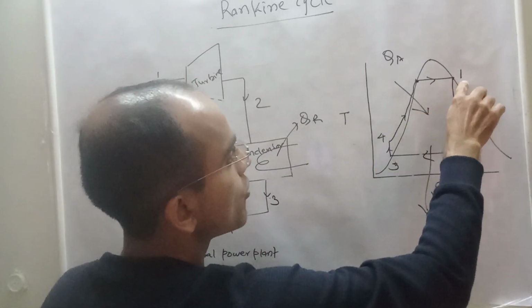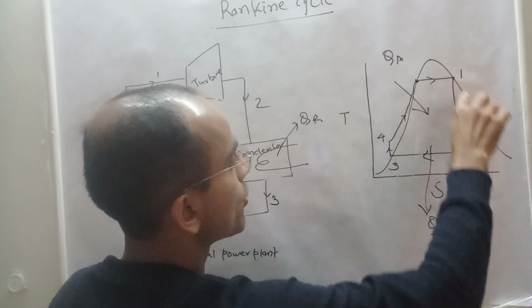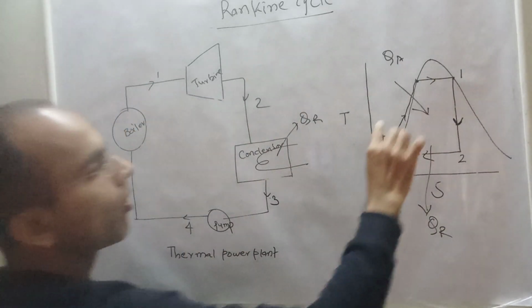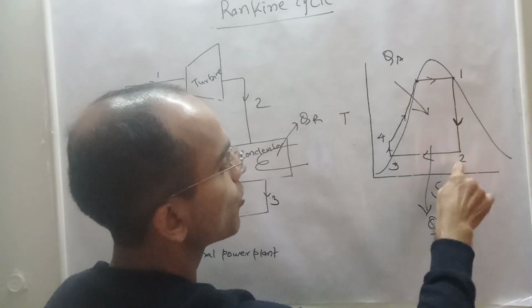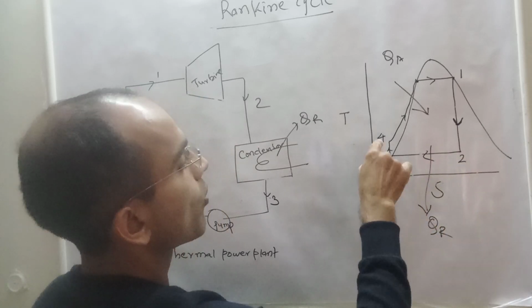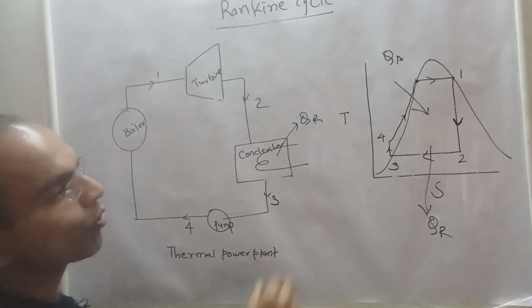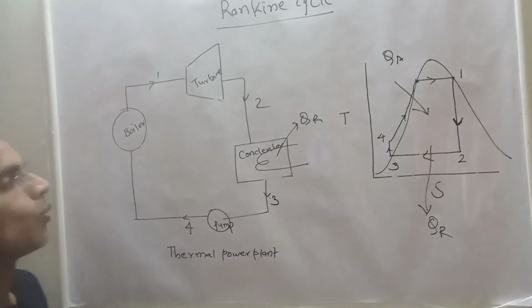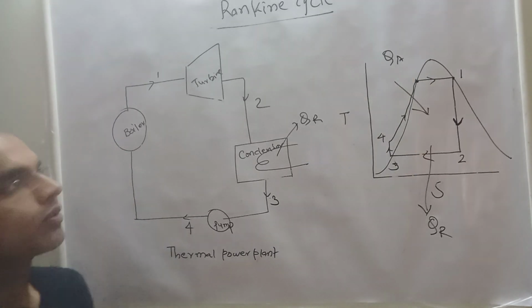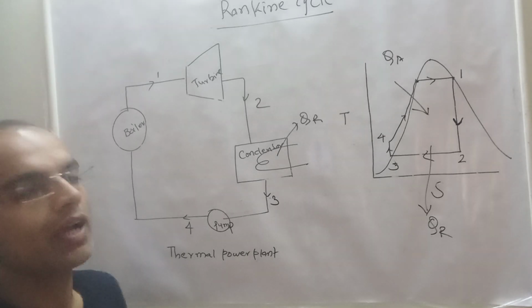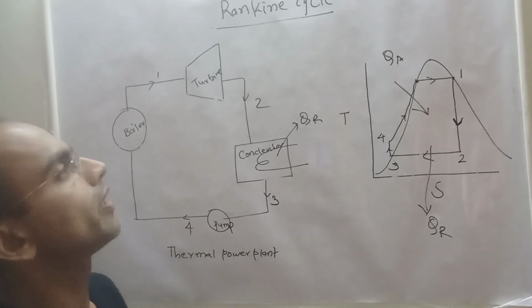So that's why this point is also on the dry saturated vapor line. So all these processes, 1 to 2, 2 to 3, 3 to 4, and then 4 to 1, are the four different processes which constitute the Rankine cycle.